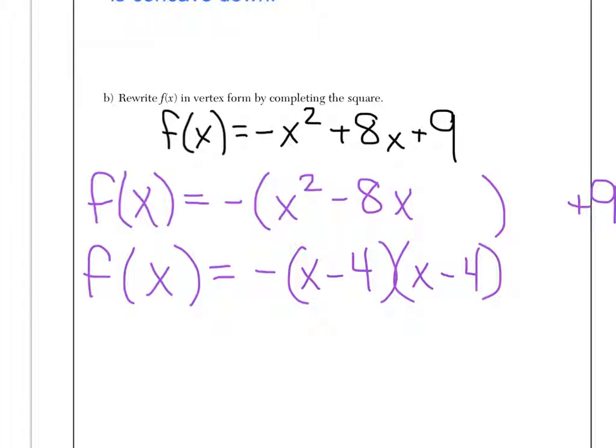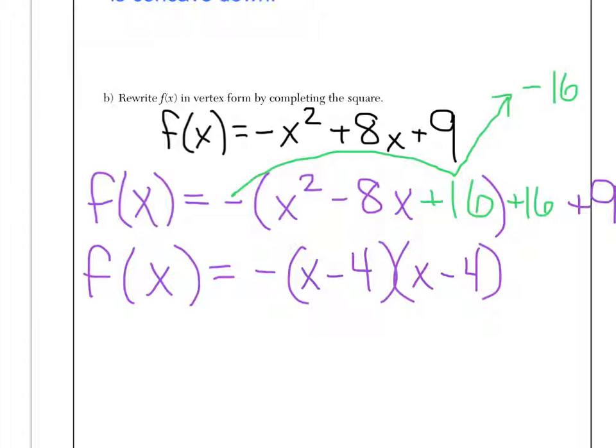And since -4 times -4 is positive 16, I'm going to add 16 right in here. However, be very careful because technically we didn't add 16, we subtracted it because of that tricky negative out in front. So in order to cancel out subtracting 16, we have to add it.